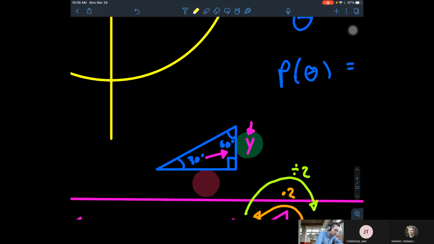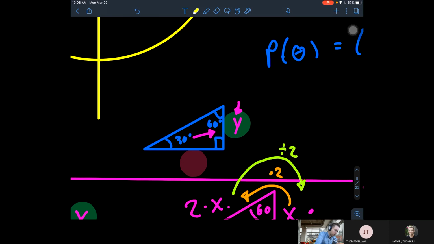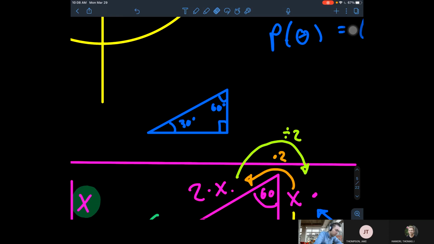So I'm referring to this 30, 60, 90 triangle in blue. And we know the side length across from the 90 is 1. So you tell me, what should the side length be which is across from the 30?